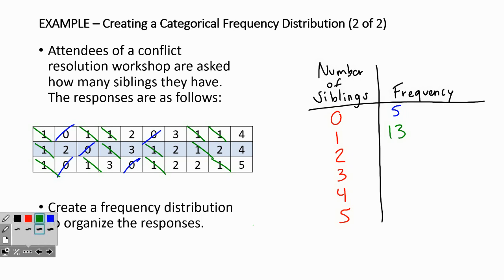Number of people with 2 siblings: 1, 2, 3, 4, 5, 6. Number of people with 3 siblings: 1, 2, 3. With 4 siblings, looks like we have 2. And then 1 with 5 siblings.